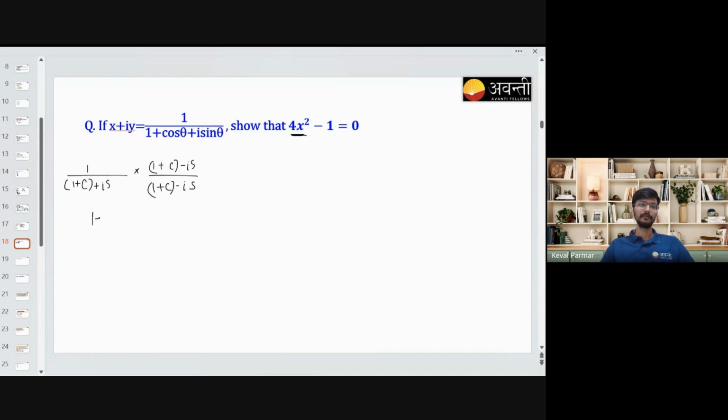So in the numerator we get 1 plus cos minus I sine, upon (1 plus cos) square plus sine square, right? Then what do we have here, guys? 1 plus cos minus I sine upon a square plus 2ab plus b square plus sine square.